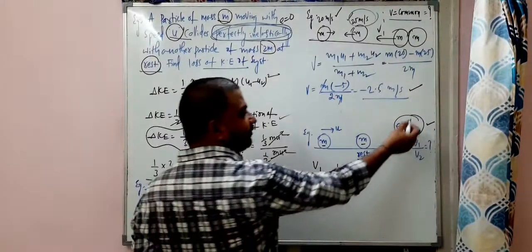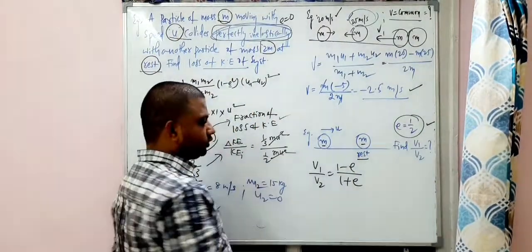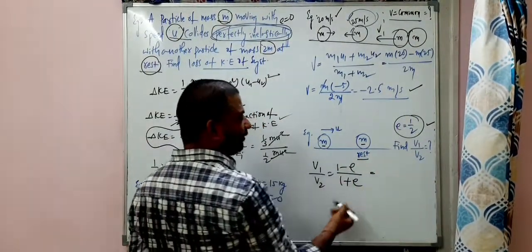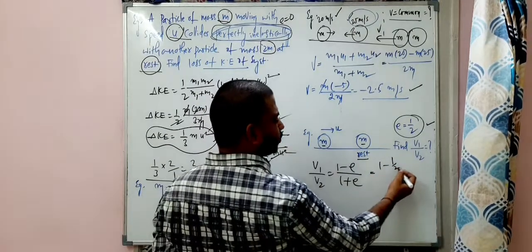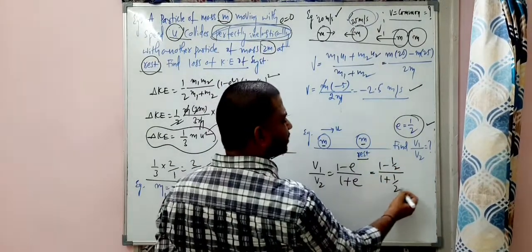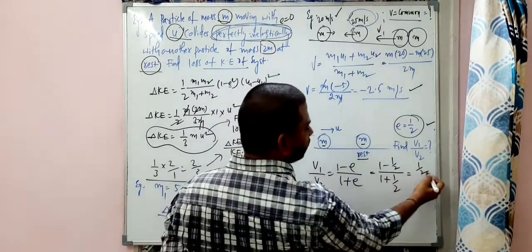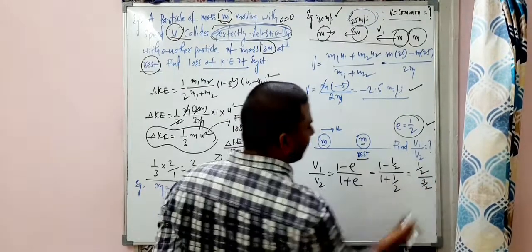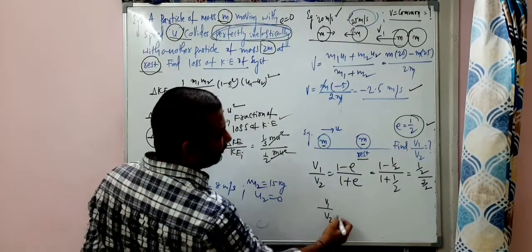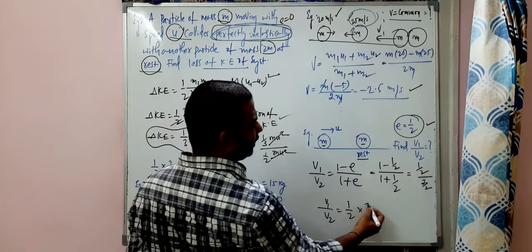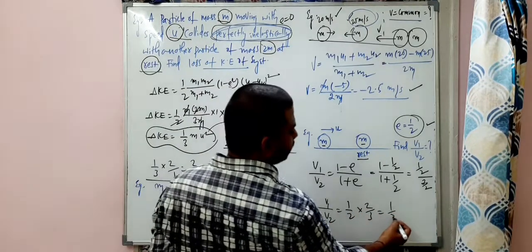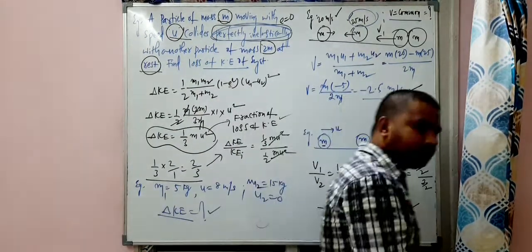So e value was given as 1/2. So here v1 by v2 is 1 minus 1/2 by 1 plus 1/2. Now 1 minus 1/2 is 1/2, and 1 plus 1/2 is 3/2, and we get v1 by v2 is equal to 1/2 into 2/3. It's 1/3. That is the answer, right?